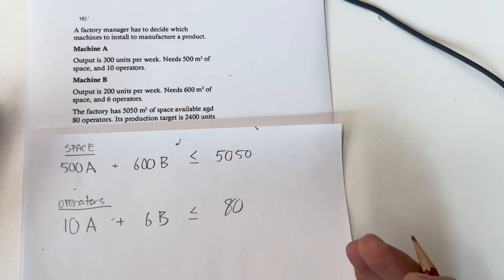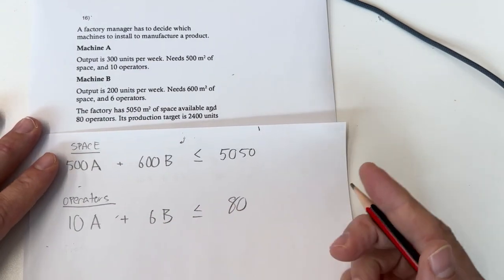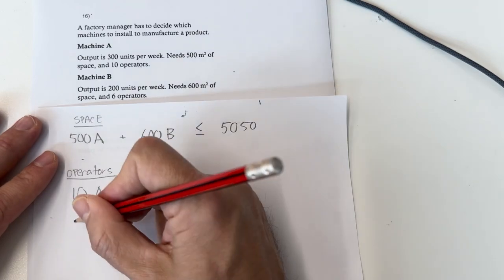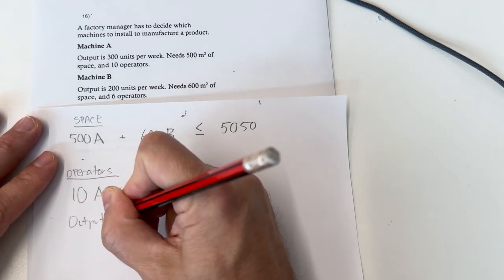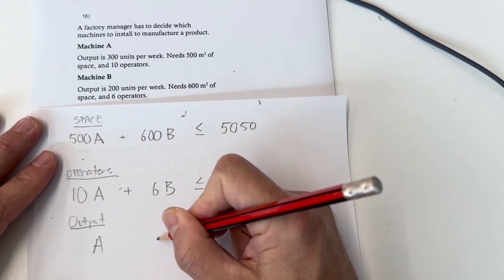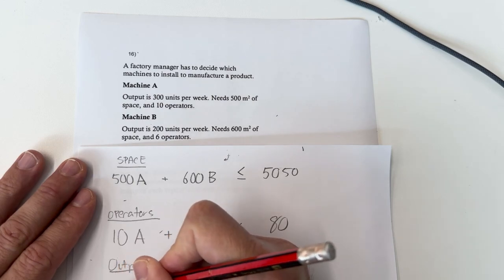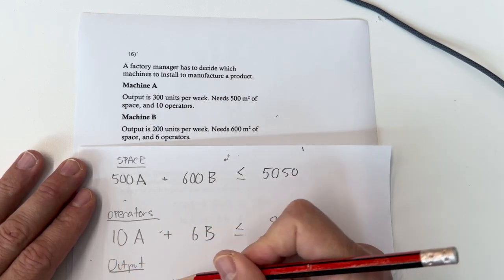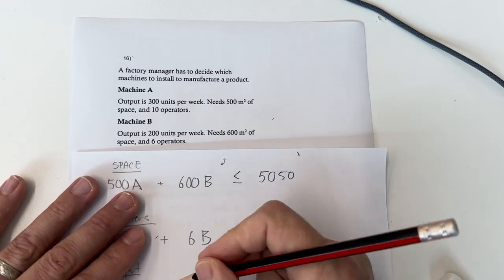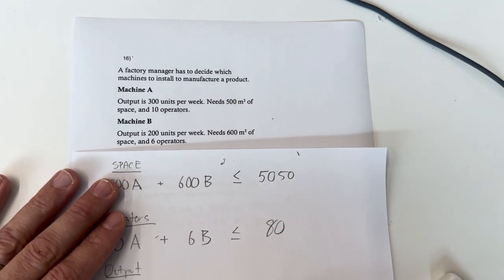Okay, and there was a third piece of this puzzle, and that was the output. So I can write, let's see, output right here. We have A and we have B. Okay, so the output of A was 300. And the output of B was 200.